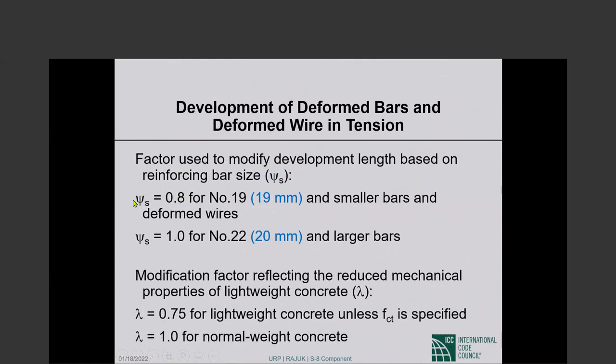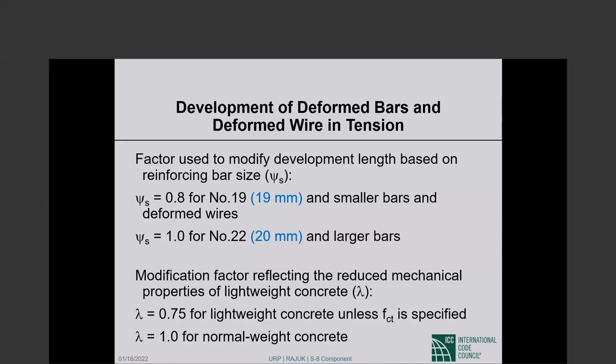All I can do is to bring the arrow over, but I cannot push. Anyhow, so psi sub S is 0.8 for number 19 and smaller bars and deformed wire. Psi sub S is 1 for number 22 and larger bars. Okay, so this is the bar size factor.